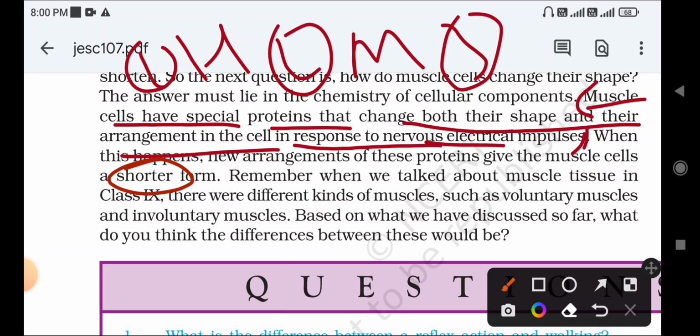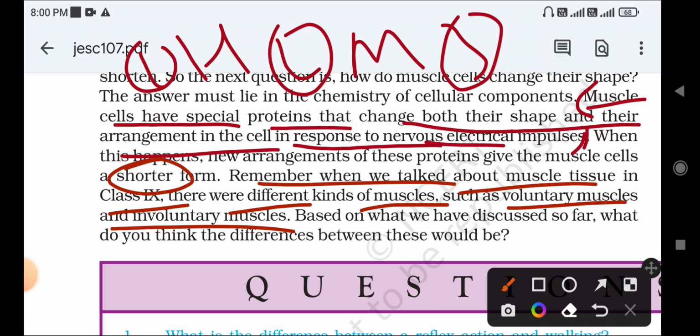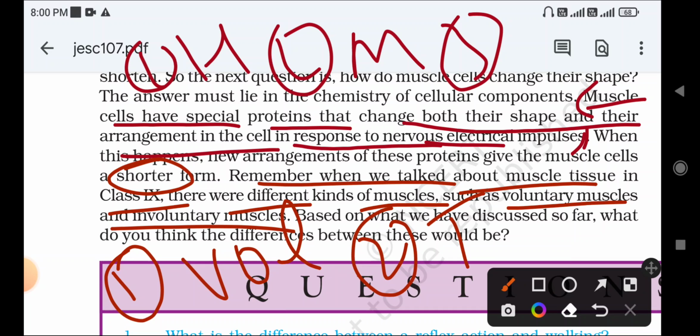Remember, when we talked about muscle tissue in class 9, there are very different kinds of muscles, such as voluntary muscles and involuntary muscles. Again, we defined that muscles are of two types. One is voluntary muscles, another one is involuntary muscles. We already know that voluntary muscles means the actions are done by thinking.